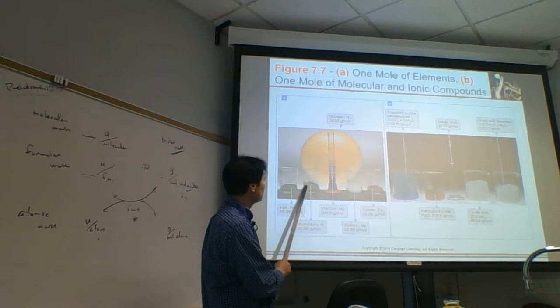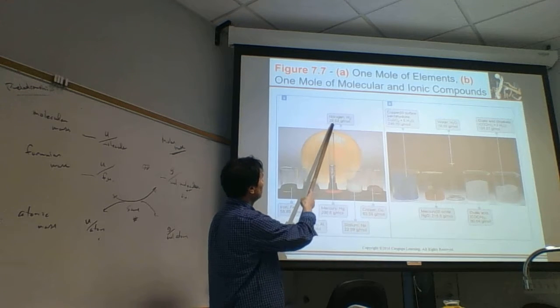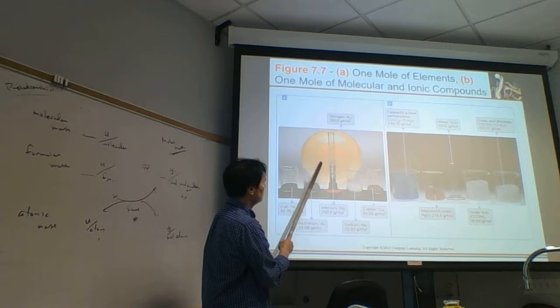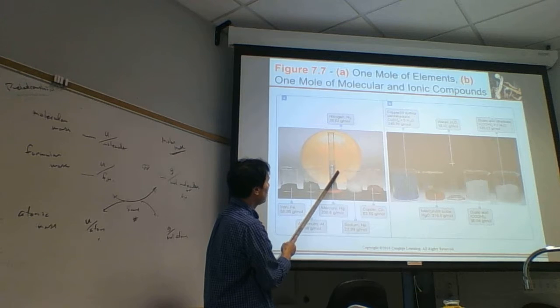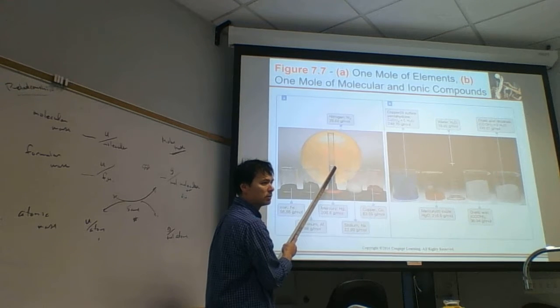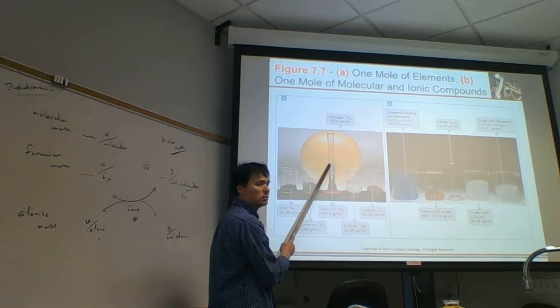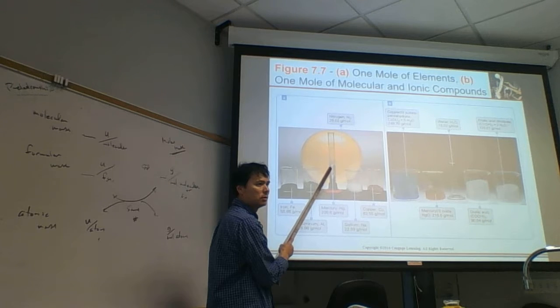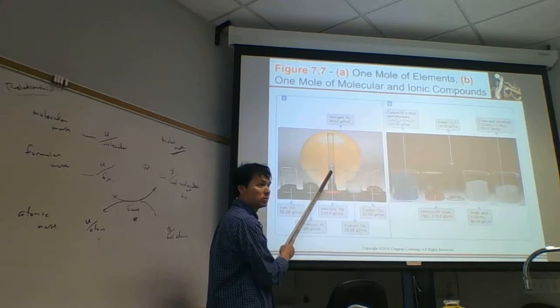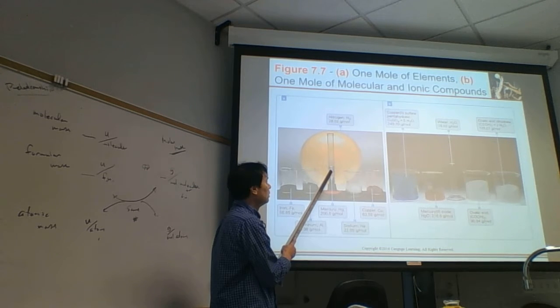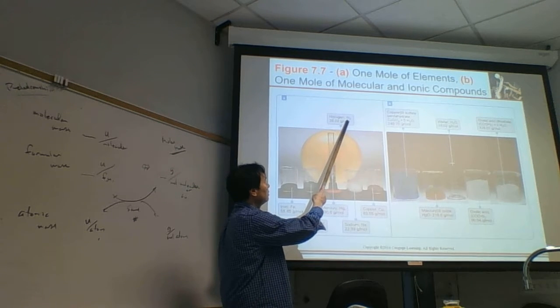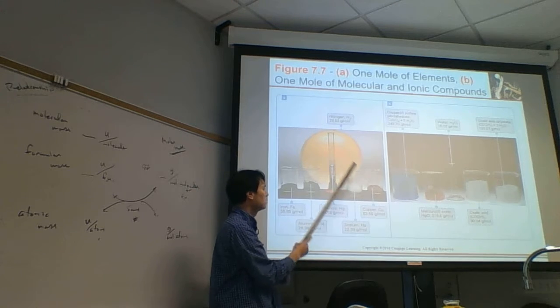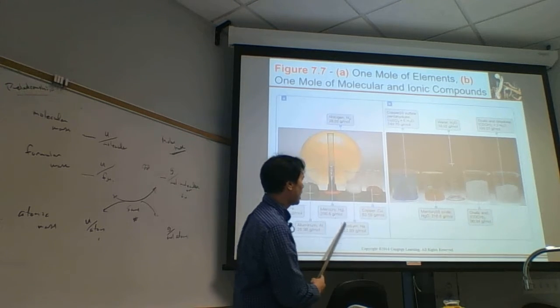If you look at nitrogen, there's 602 million trillion nitrogen molecules. Is it 602 million trillion atoms, molecules, or formula units? Which one would be the most descriptive? For this one, molecules. All these are going to be atoms.